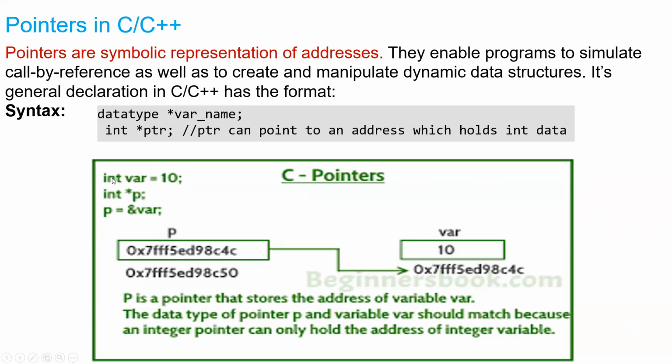So understand that wherever you use a pointer, you have given this variable the privilege to store the address of a variable which is int type.